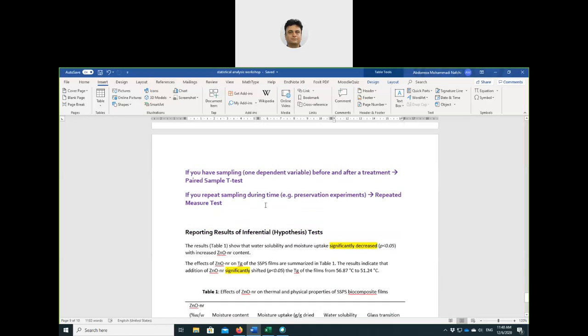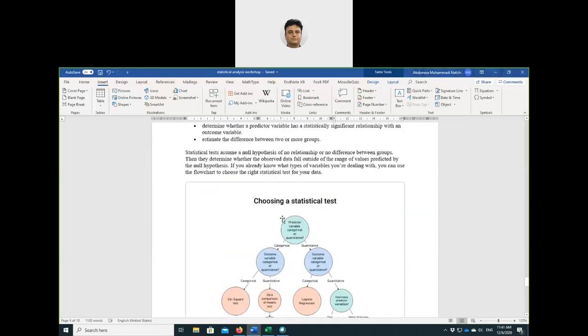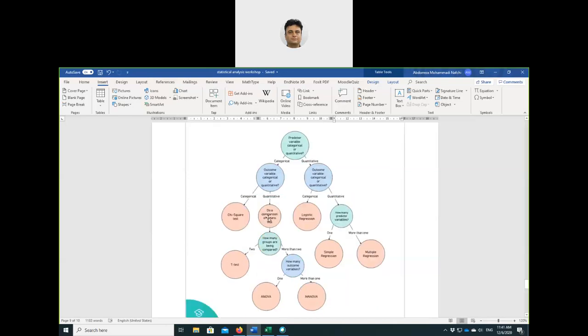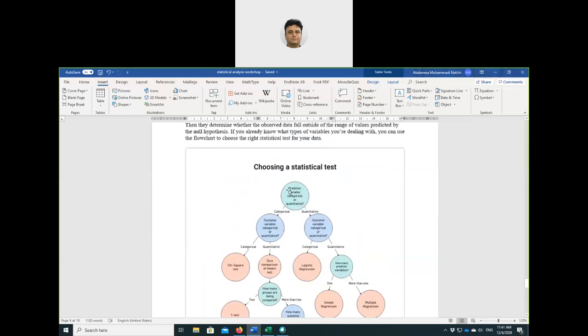All of these tests are parametric. If you are interested in non-parametric, maybe you can read yourself, or maybe we can have another workshop for non-parametric. This is basically how we can detect whether data is parametric or non-parametric.